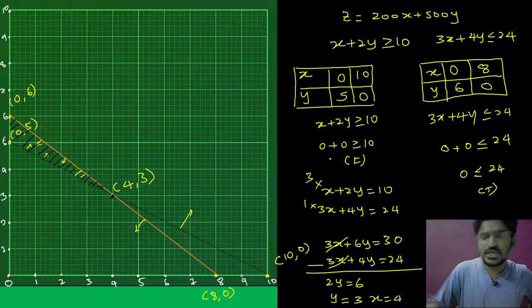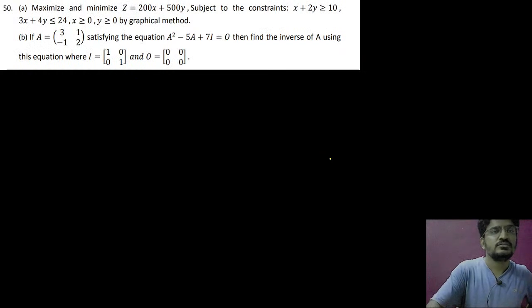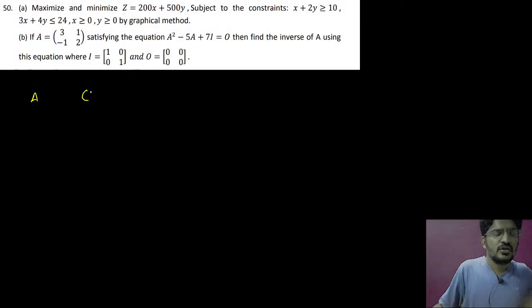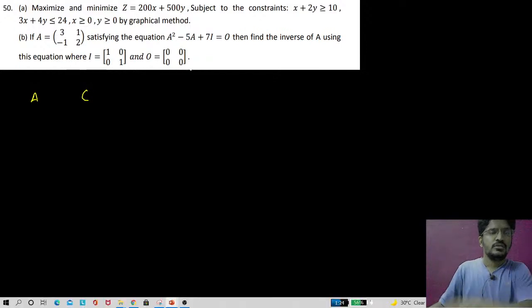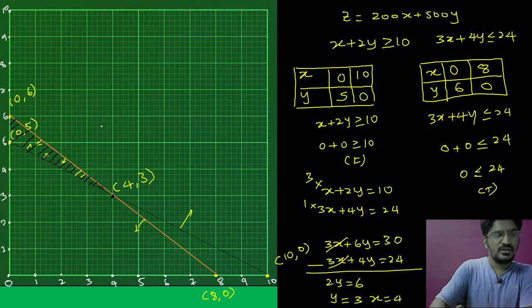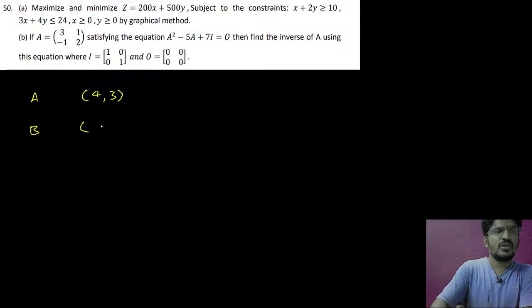Here you can take point A as the intersection point, that is 4,3, and B point you can take as 0,5.